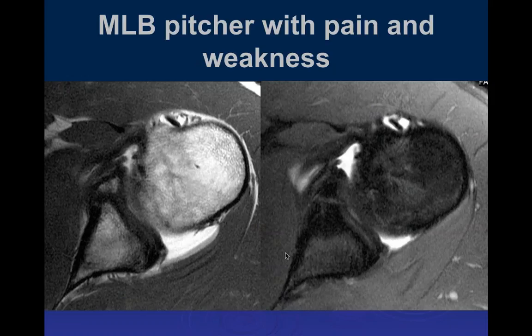Okay, Jeff, this was a Major League Baseball pitcher with pain and weakness. So we have the axial, looks like PD and PD fat-sat images. Looks like an arthrogram that was done, and what I'm seeing is, let's see, there's fat there.